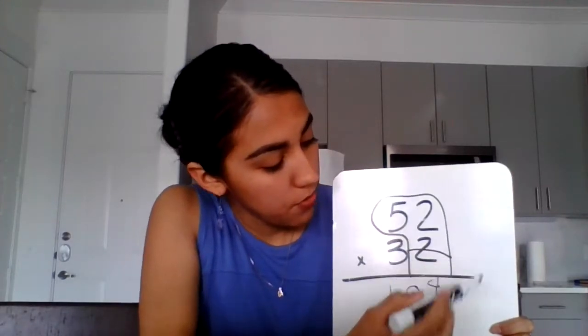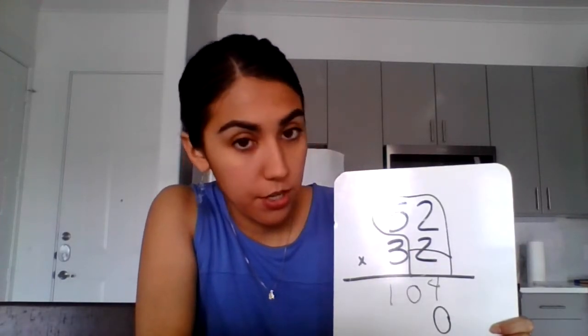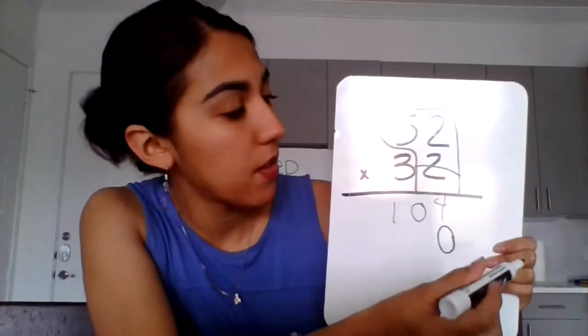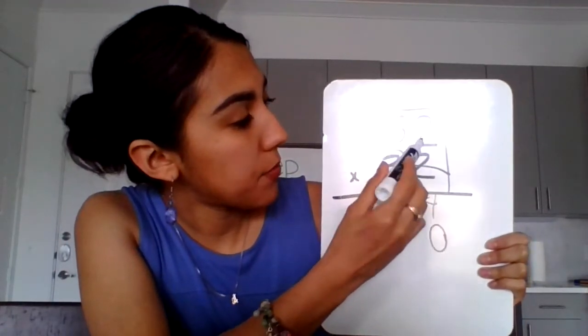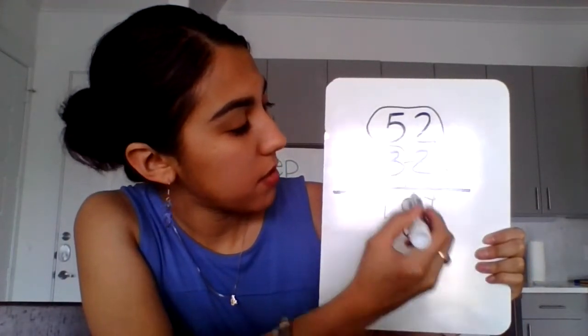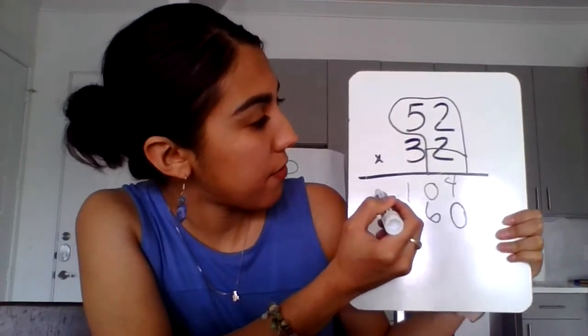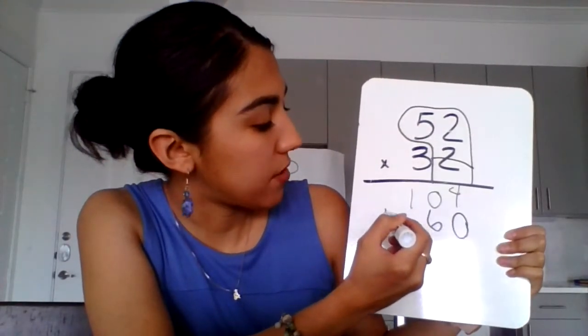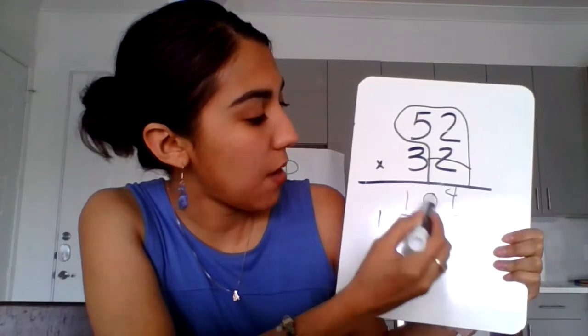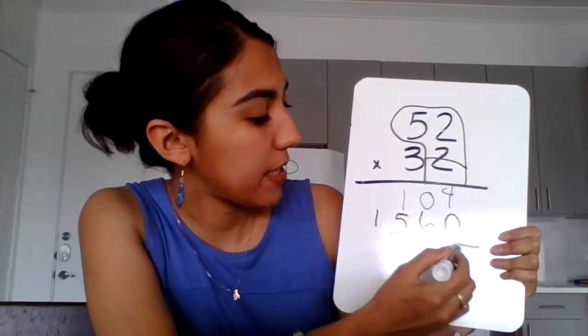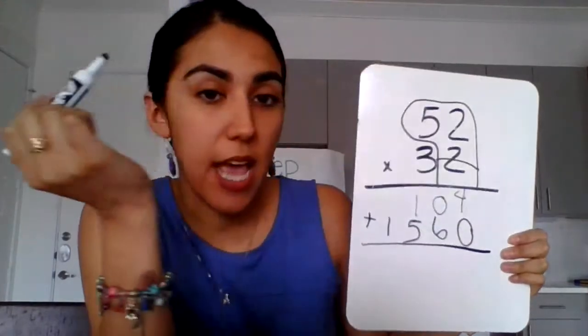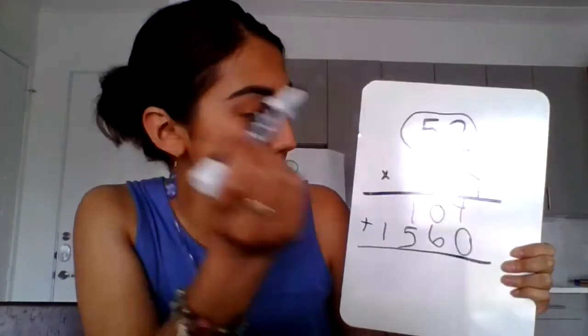Cross out the 2, drop your 0. Then you do 3 times 2 is 6. 3 times 5 is 15. Notice how my numbers are all lined up by place value, so it makes it easy to add these 2 partial products up.